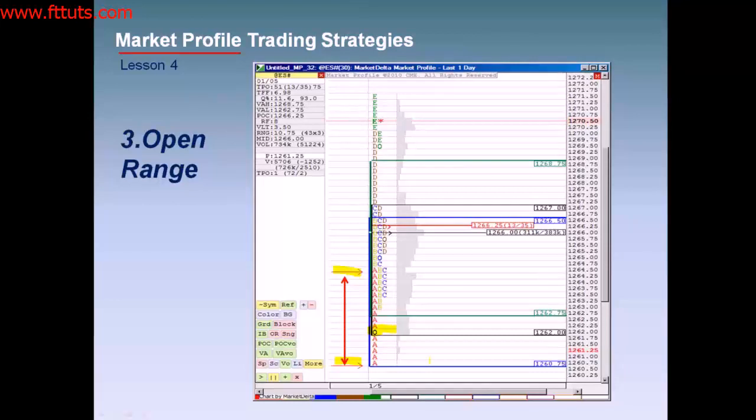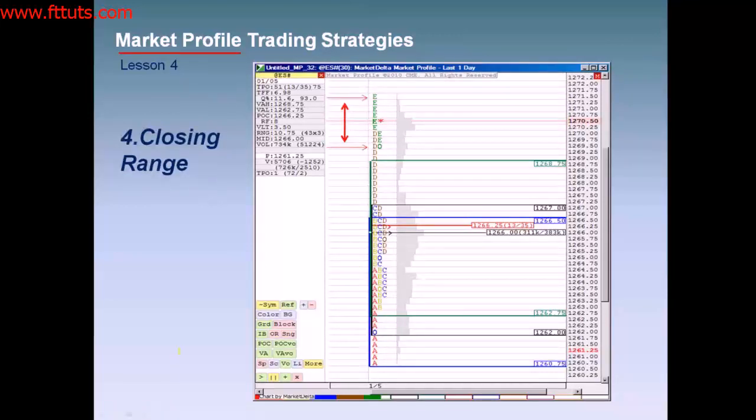So in this case, my open range is all the way from 1260.75 up to 1264.50. That's my open range. I will explain to you a little bit later why it is important for us to keep track of the open range. And hopefully you've also been actively collecting numbers for the study that I asked you to perform in the last lesson, because it does ask you to include the numbers for the open range for each day.